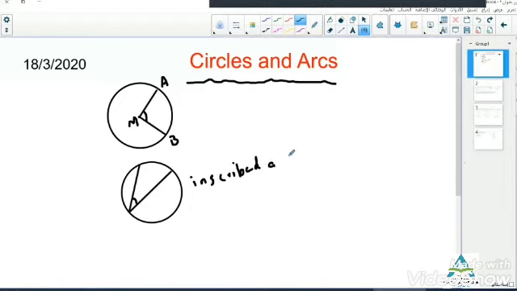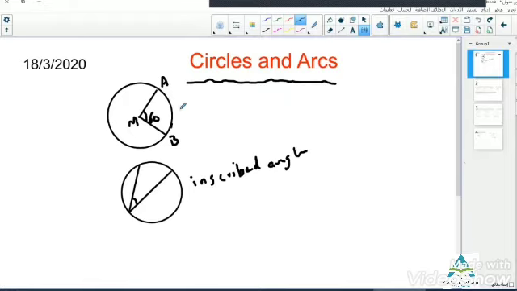The inscribed angle is an angle whose two sides are two chords. I told you yesterday about chords. So we have two types of angles in any circle: central or inscribed. In the central angle, if this angle is 60, the arc will be 60.